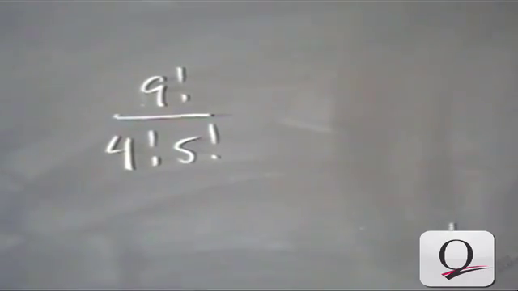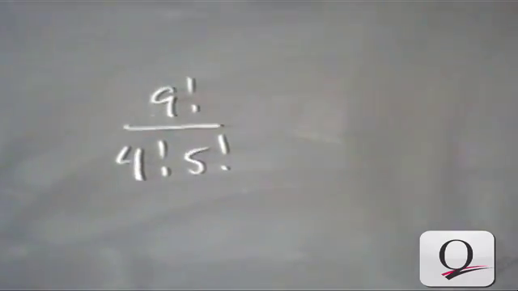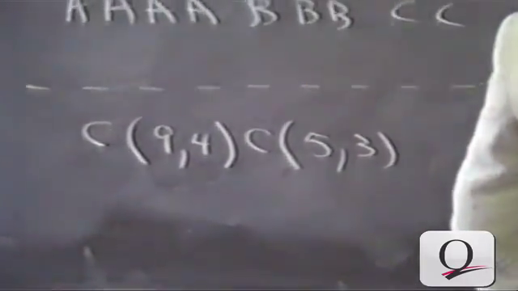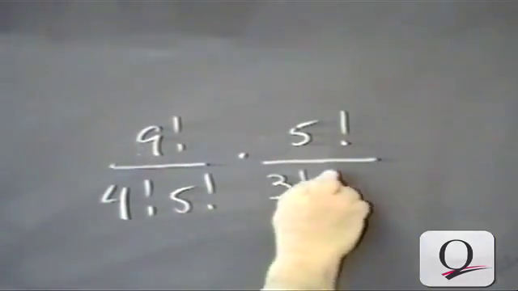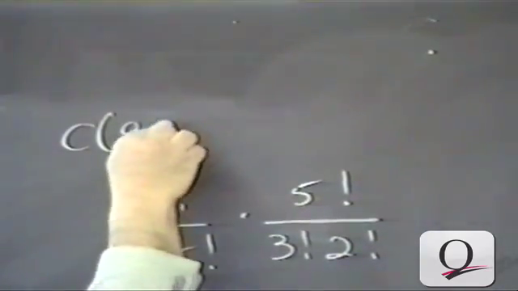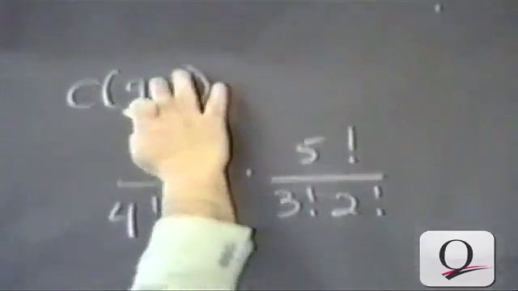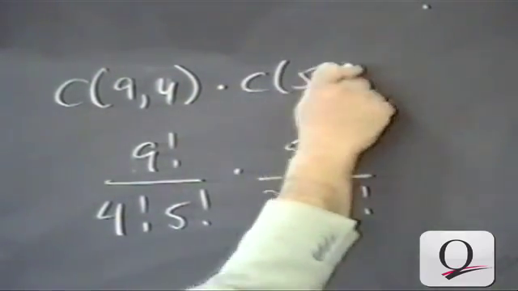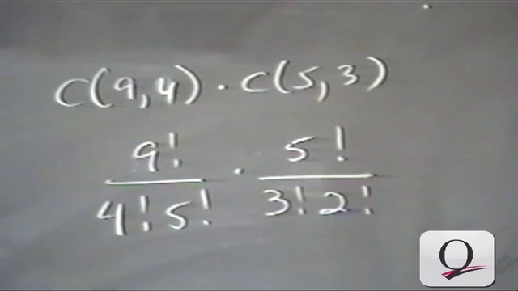That's this one here, multiplied by 5 factorial over 3 factorial, 2 factorial. Again, let me put this here. That's C9,4, sorry, times C5,3. But you see what happens now.